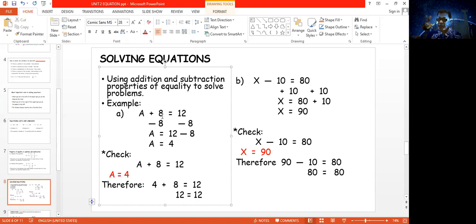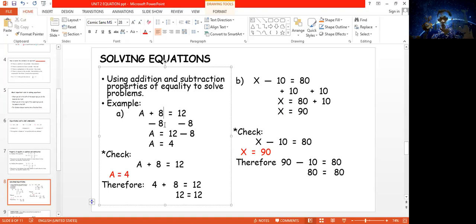Whatever number is on the same side as the variable, that's the number you're going to undo. Since we have addition, you subtract to make it 0. So if you have plus 8 in the original equation, you subtract 8, or add negative 8.